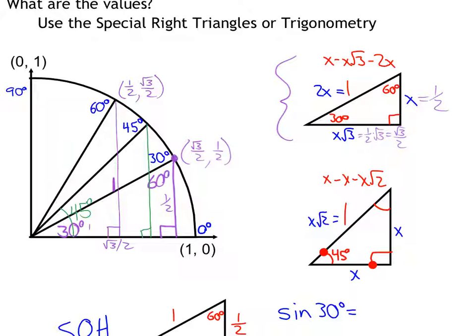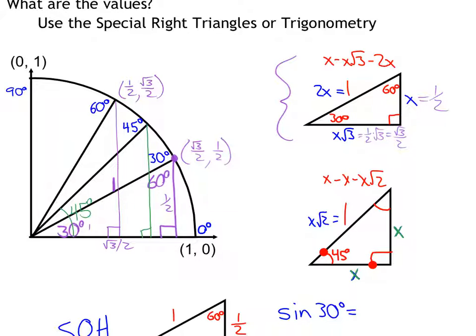But if it's 45 and 45 for the angles, it's isosceles, right? So look, down here, the two legs are the same length. And if we do the pattern for 45-45-90, the pattern is 1, 1, radical 2. In other words, the hypotenuse will be the length of the leg times square root of 2.